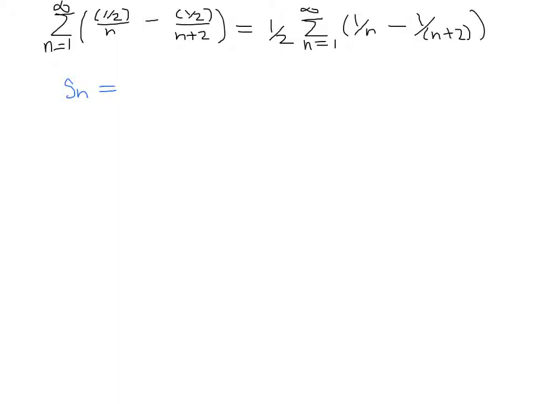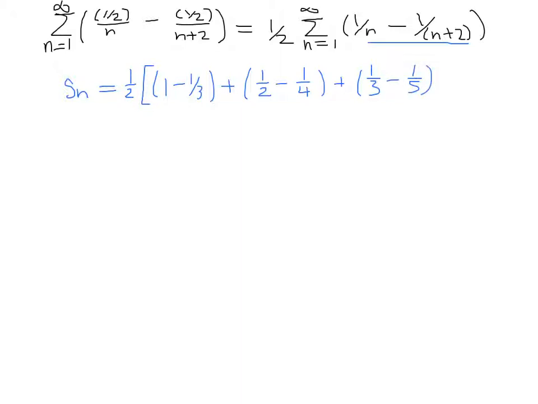So if I add up the first n things, I will just have this 1/2 out in front. Just ignore that for a little bit for now. Now, when I input 1 into that, I will have 1 minus a third. When I input 2, I will have 1/2 minus a quarter. When I input 3, I will have a third minus a fifth.